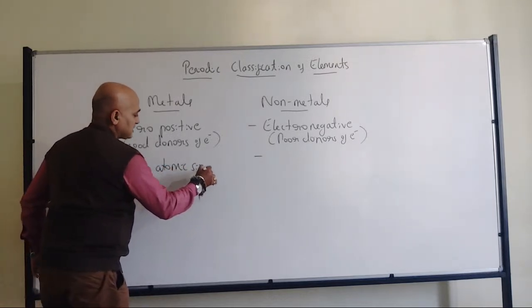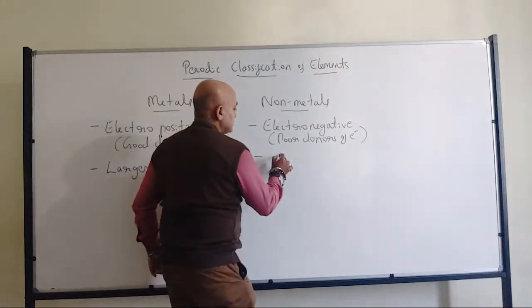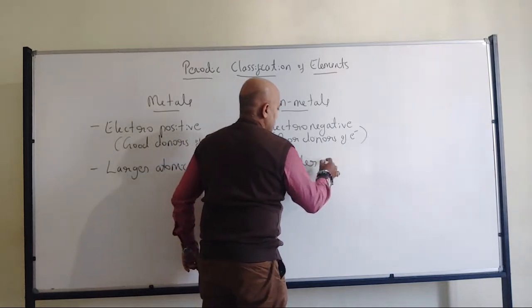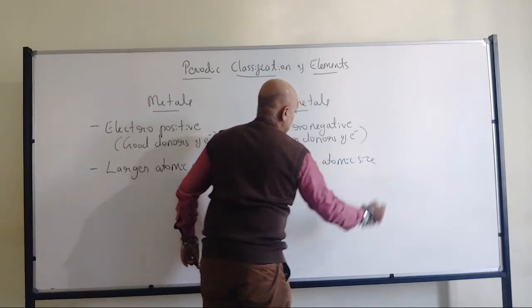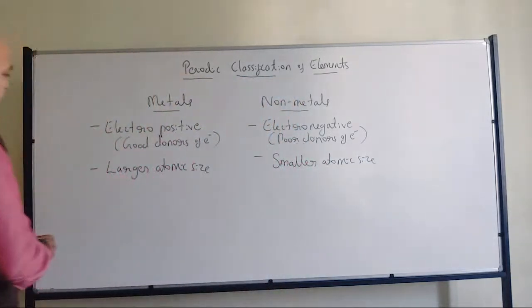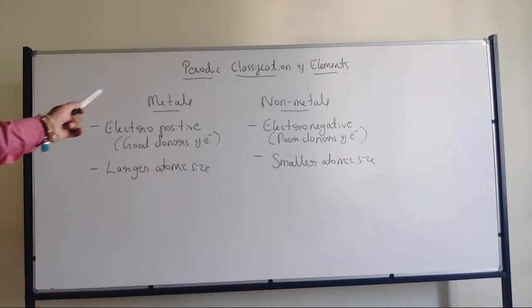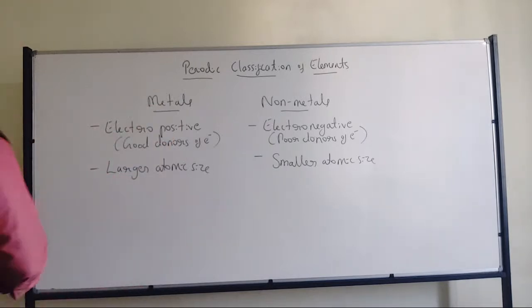Non-metals are electronegative because they have smaller atomic size. So even this can be a difference: larger atomic size and smaller atomic size. But the very important point here is electropositive and electronegative.